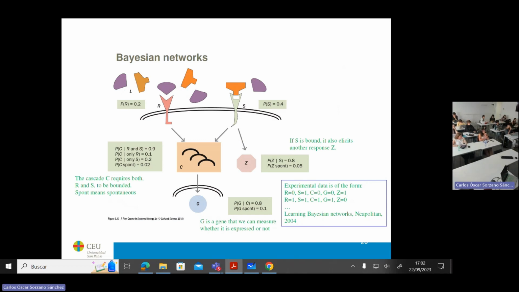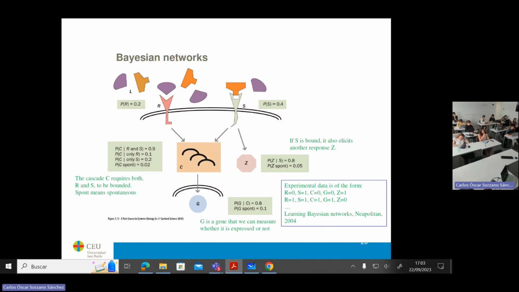So what is the probability that the cascade activates if there are a couple of cellular receptors? You have the receptor R, the receptor S, and then it may bind something from outside. So this is a signal, and this signal happens with probability 0.2.